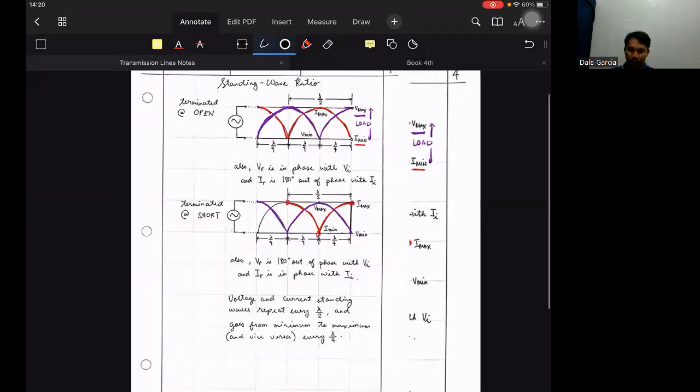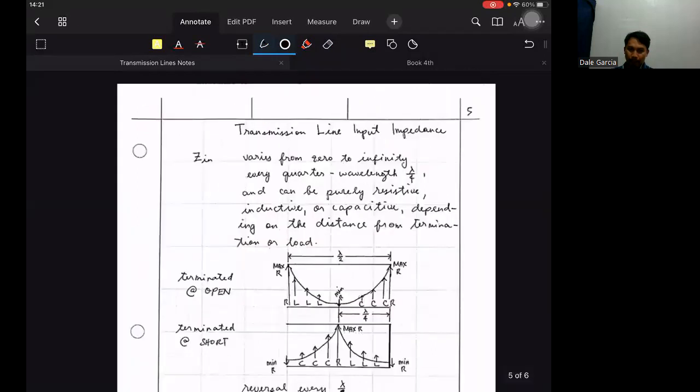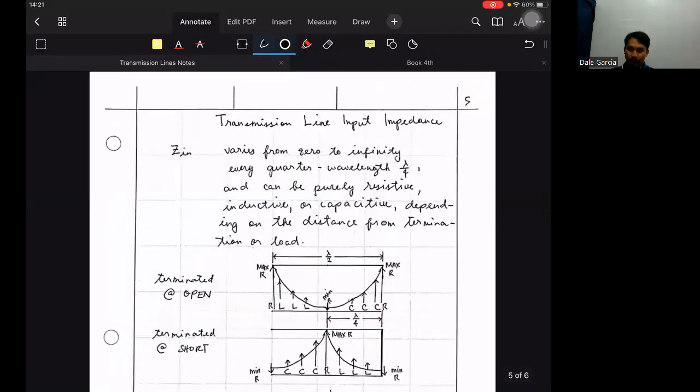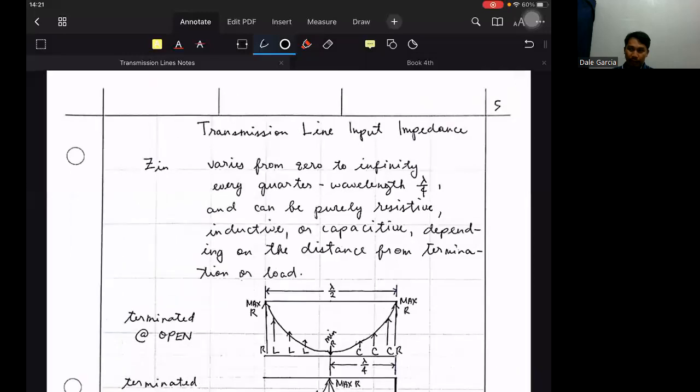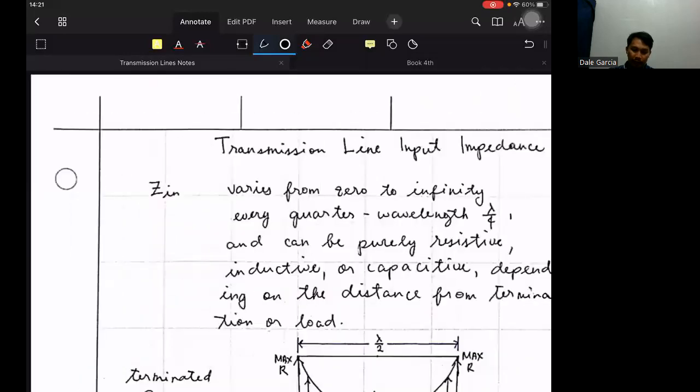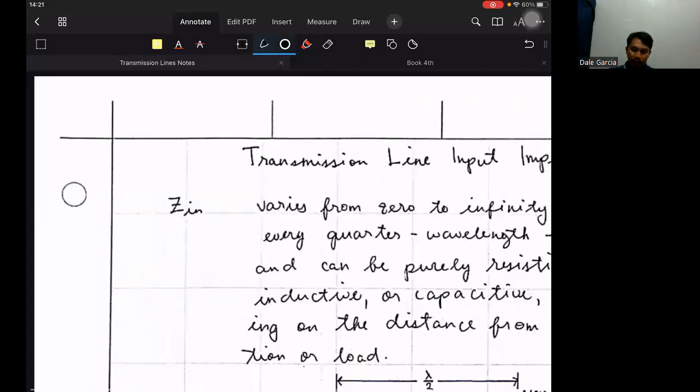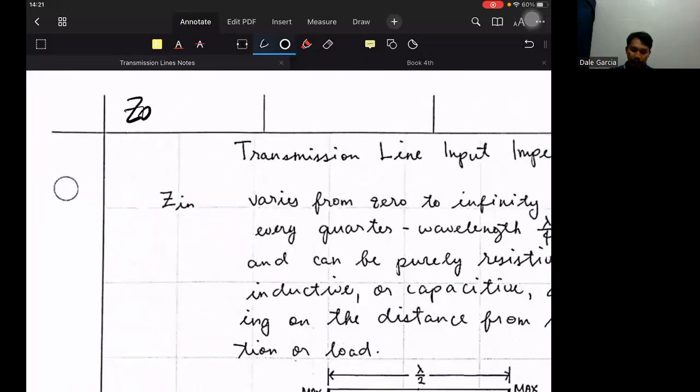Now, what if ZO is not equal to ZL? Terminated at open and terminated at short are just worst case scenarios, extreme conditions.